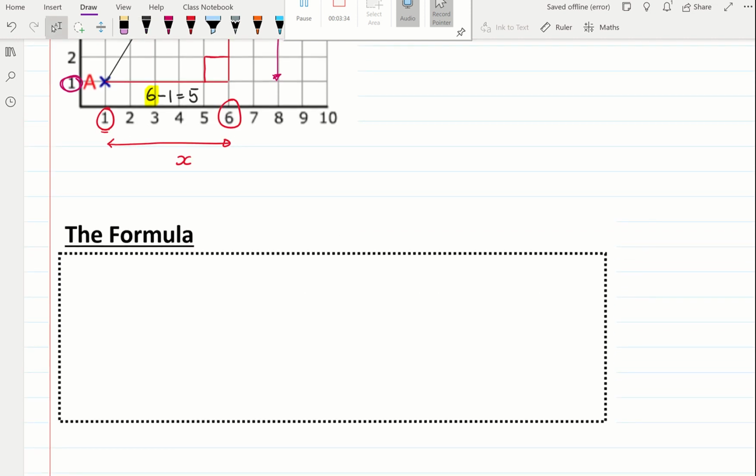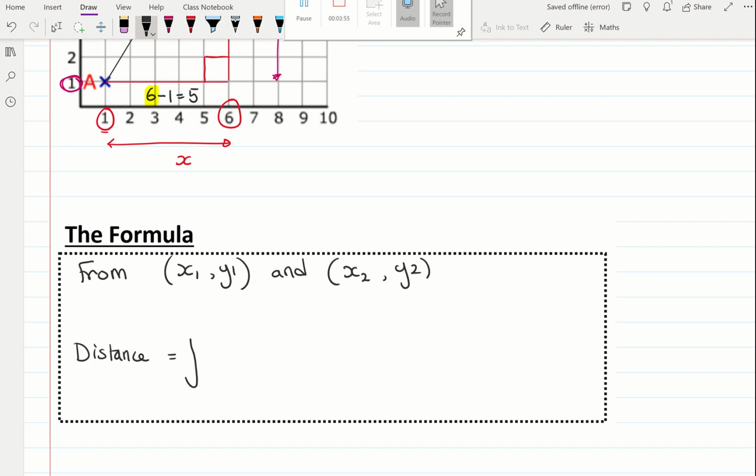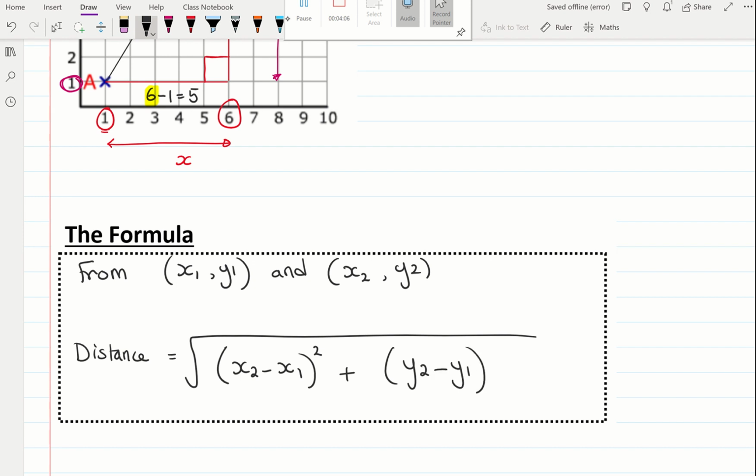So the formula, when you are given two coordinates, x1 and y1, and x2 and y2, the distance or the length of the line is the square root of x2 minus x1 squared plus y2 minus y1 squared.